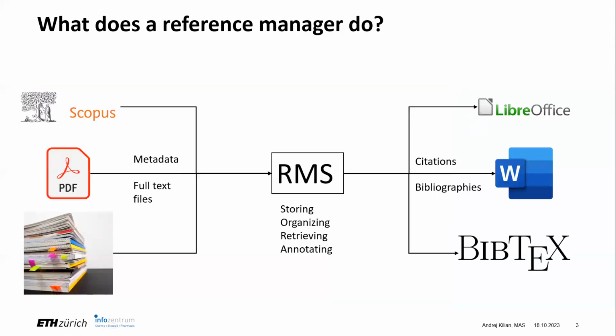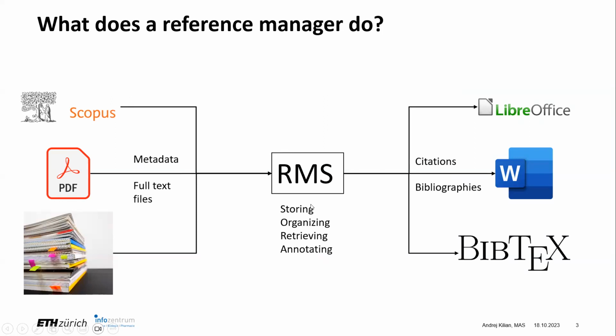Zotero is a reference management system, which means it takes documents from a number of sources that could, for example, be a literature database. It could be PDF files that you already have on your drive. It can also be physical literature. It takes all these documents, the metadata, and also full text if you have them, and it stores them.